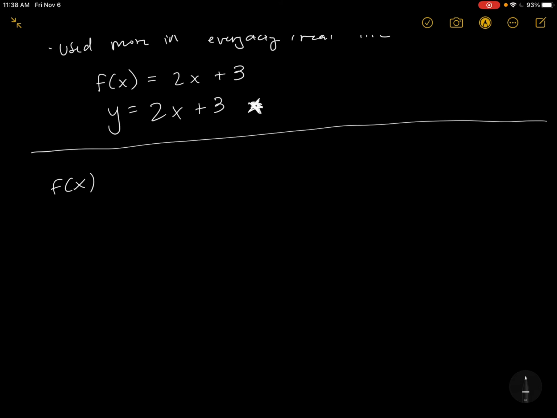Right, so what f of x is really saying is, what is the value of the function given?